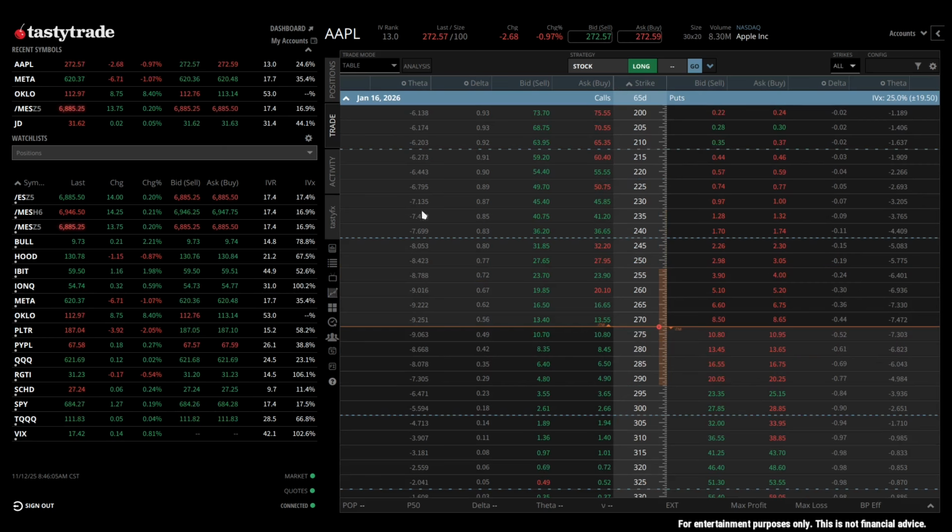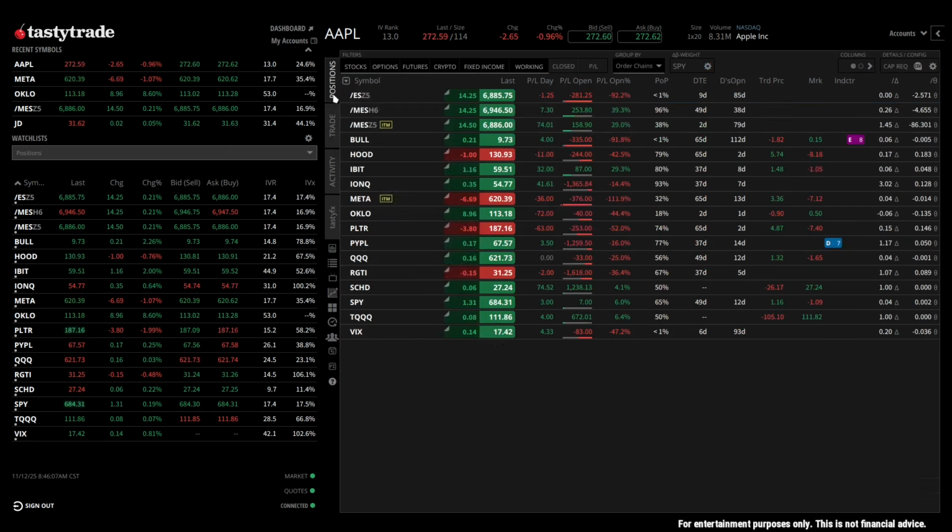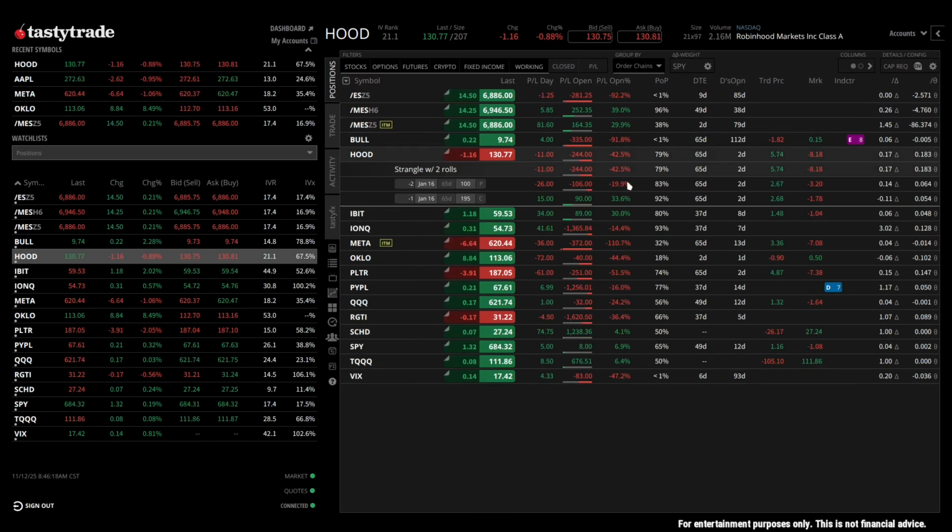When you look at your positional Theta, it's always going to be positive if you're primarily short options. For example, this strangle in Hood, I'm carrying positive Theta, right? Each day that passes benefits that position.